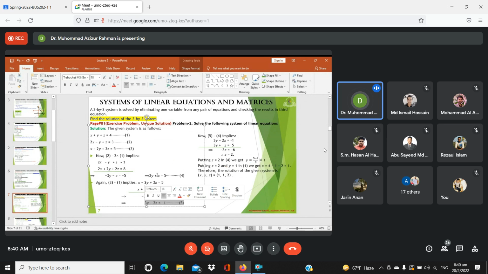Once you know the values of z and y, you can put them in any equation and get the value of x. By this way, you will get the values of x, y, z. Then we have a solution.